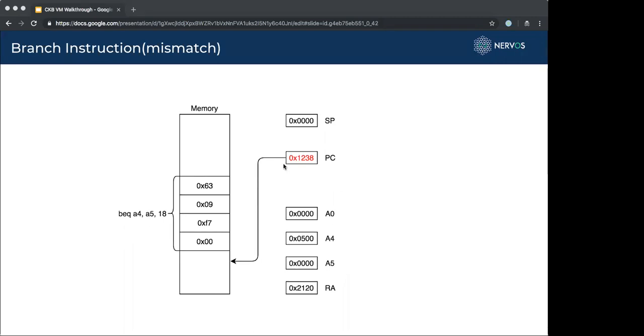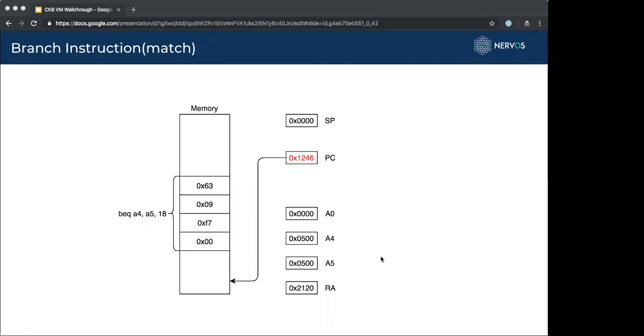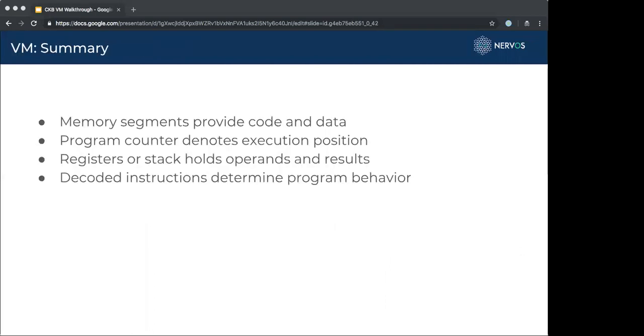The PC just moves to the next instruction and continues executing. But in this different example, we have a match: A4 and A5 contain the same value. We'll add 18 to this PC register and jump to a location far away. With this construct, we can implement loops or conditionals, and actually most of the behavior control we want in a virtual machine.